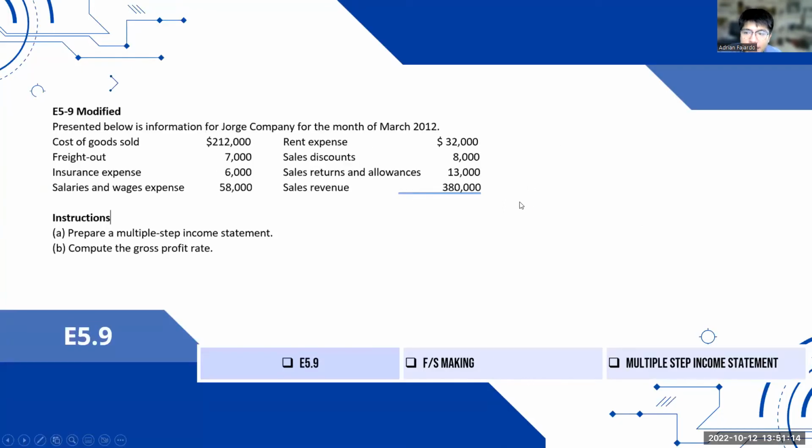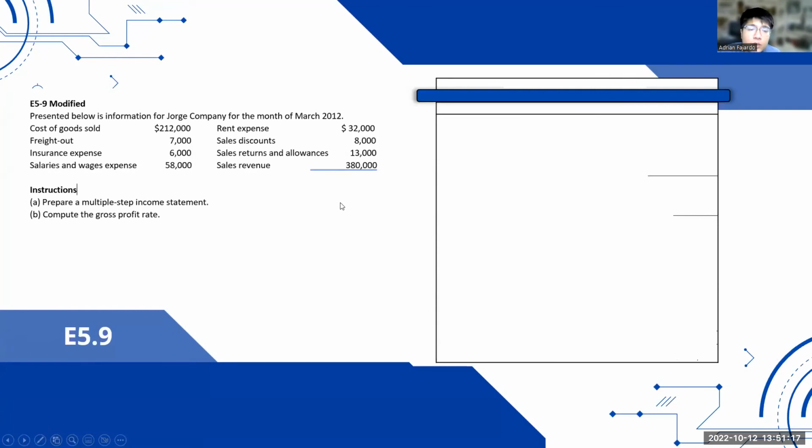So in 5.9, basically, it wants you to create your multi-step income statement. So basically, we start with the header, charge company, income statement for the month ended March. And then what are the different components? First, we get sales, and then we try to get net sales by subtracting SRA and sales discount. Then from there, we get our cost of goods sold.